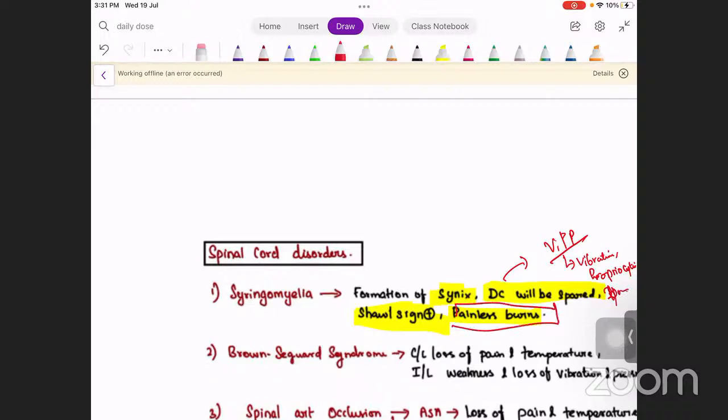Temperature and pain are carried by the spinothalamic tract. Since that tract is not working, the patient may experience painless burns. This is the classical condition of syringomyelia, where you see the shawl sign.